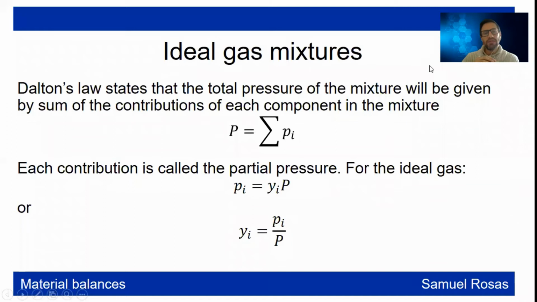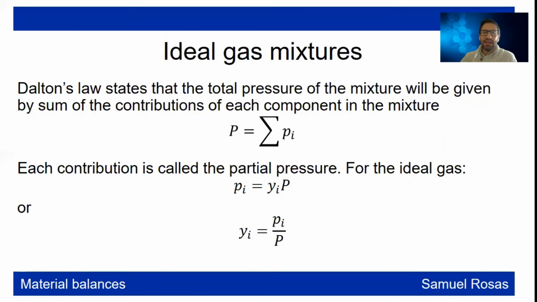When we have mixtures of ideal gases, Dalton's law states that the total pressure of the mixture is given by the sum of the contribution of each component. And each component will have what we call the partial pressure. So if we have, I don't know, 3 components, each component will generate its own pressure, which is the partial pressure, and the sum of that will be the total pressure.